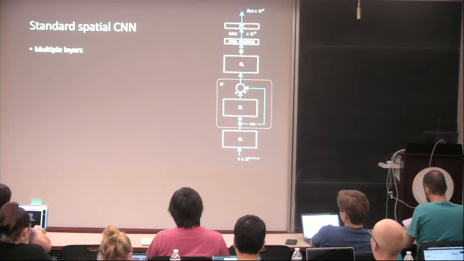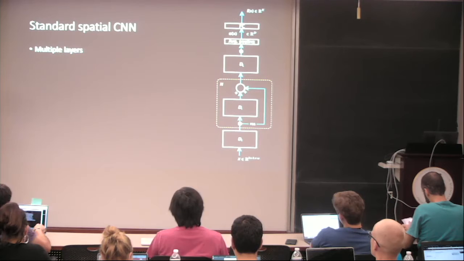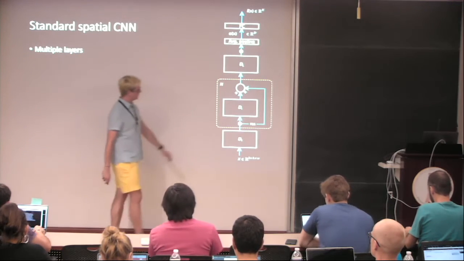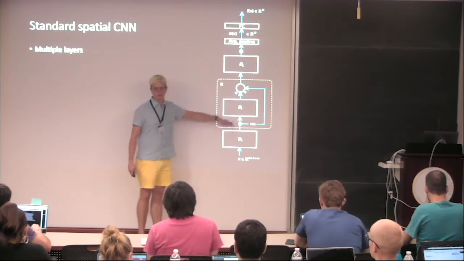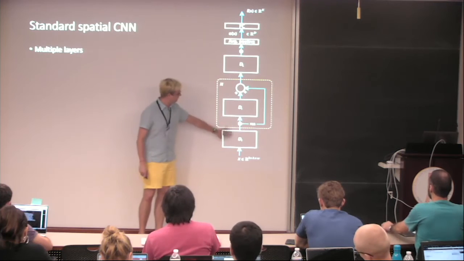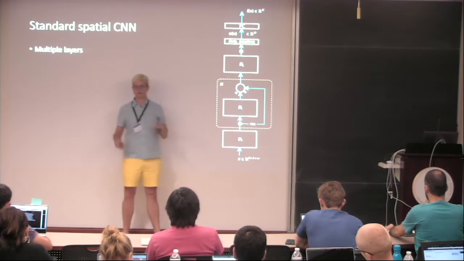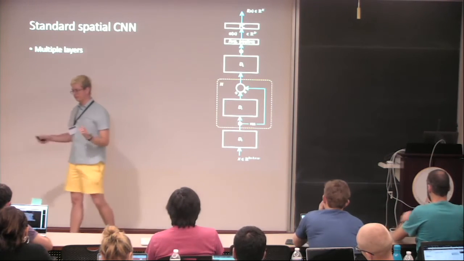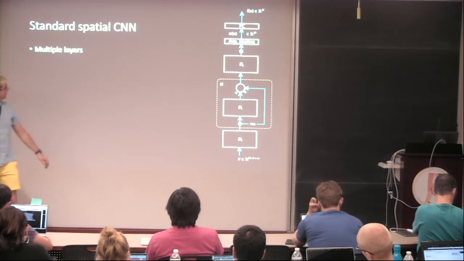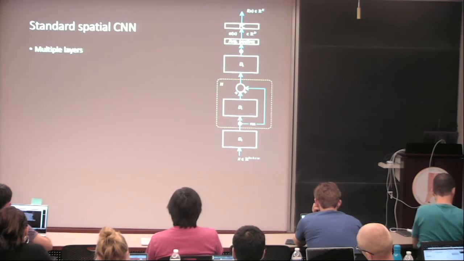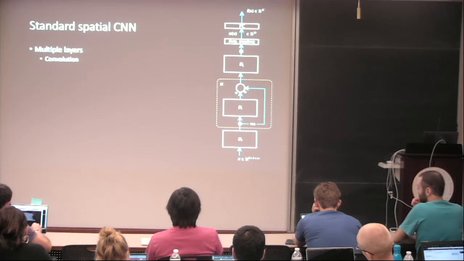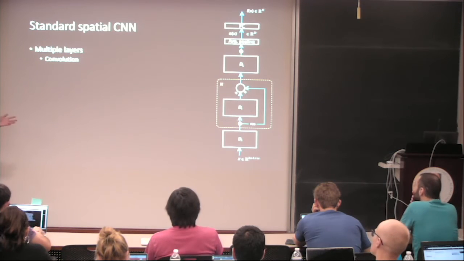For the first part, we're going to have multiple layers. Here I have multiple D blocks, which are my discriminators, for example, containing some convolutional module layer. So we have multiple deep layers which are convolutional because we'd like to share parameters and make them sparse so we don't have so many computations.